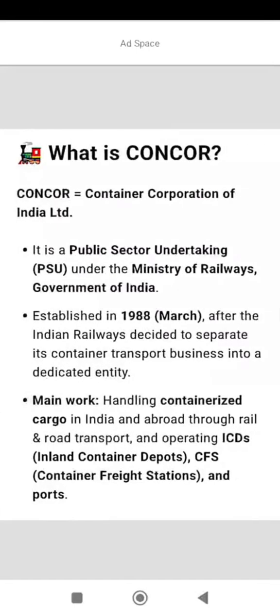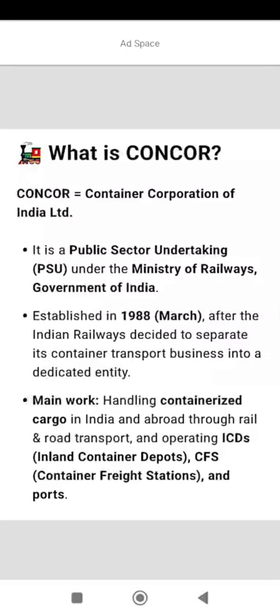2017. What is Concur? This is another portal, Concur. Concur is an acronym which stands for Container Corporation of India Limited. It is a public sector undertaking.